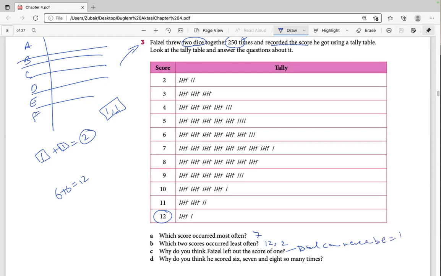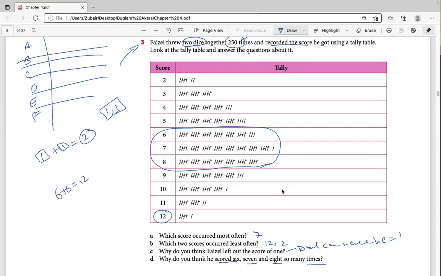Part D. Why do you think he scored 6, 7, and 8 so many times? We may have different opinions, and both of us may be correct.